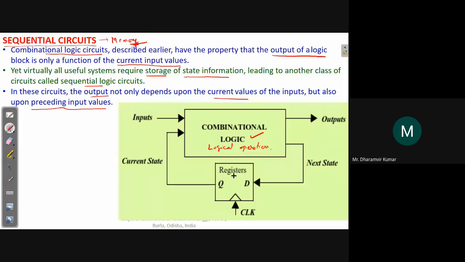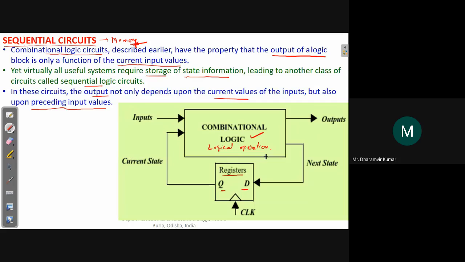And this is the memory part, registers. Basically, this is a D-type flip-flop present here. Inputs are fed to the combinational logic, and the output is taken from the combinational logic.